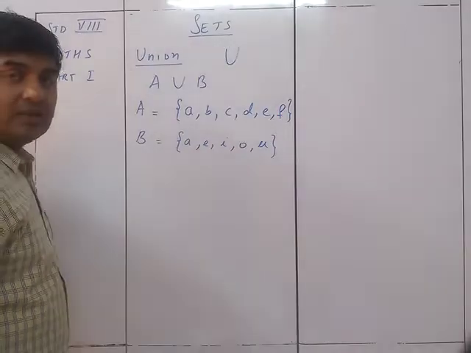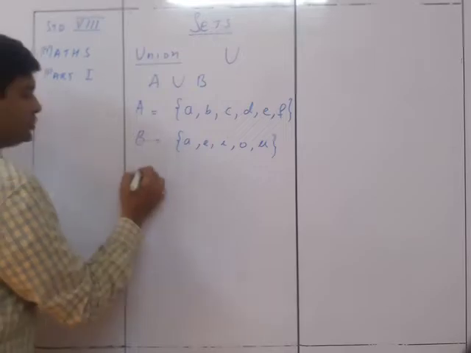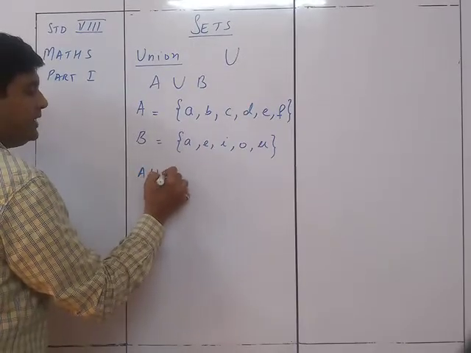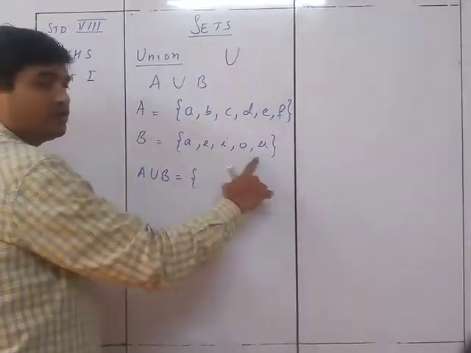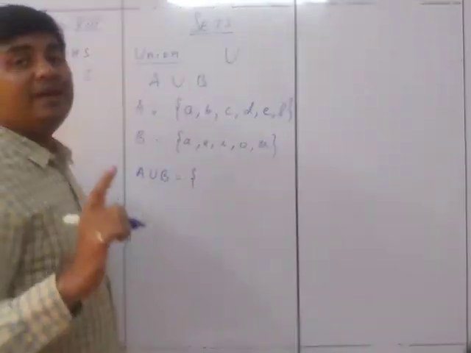In this case, the union of these two, A union B, will be equal to all the values of A plus all the values of B, but without any repetitions.